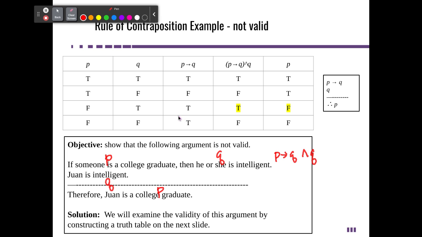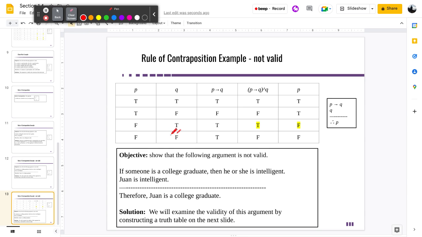So that's got to be a true statement, right? That's this. So it's true and true, and that gives me true. Or true and true, and that gives me true. And then the outcome is P again. In this case, remember, we're looking for a not valid example.